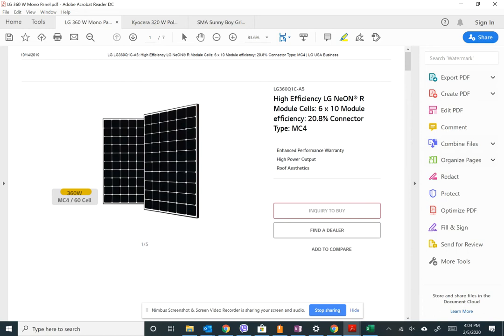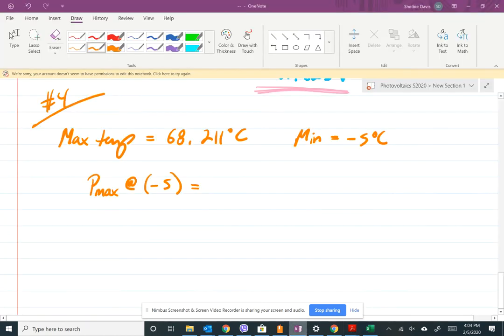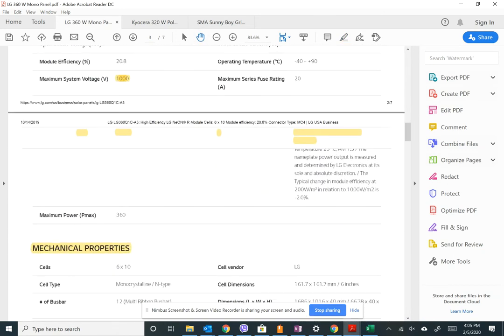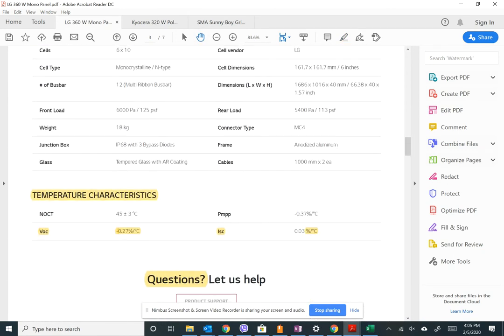Okay, so 360 watts times 1 minus, and we need to look at the power temperature coefficient. So I go down to the bottom here to the temperature coefficients.